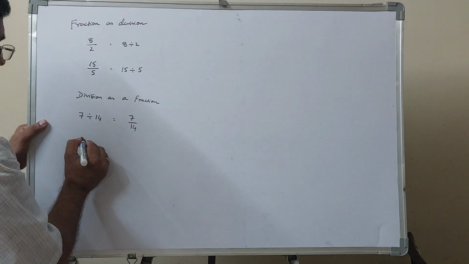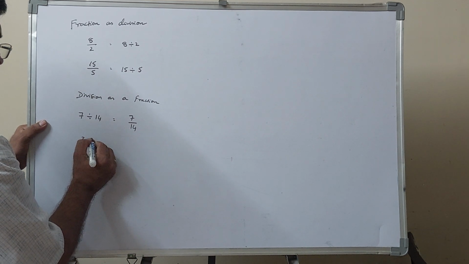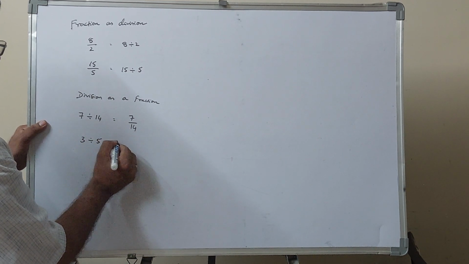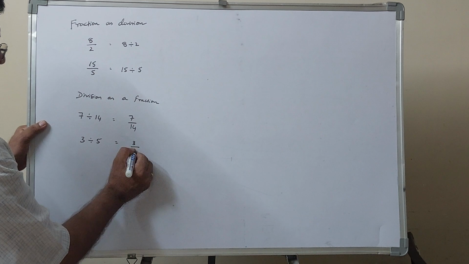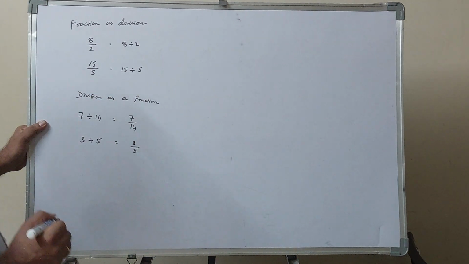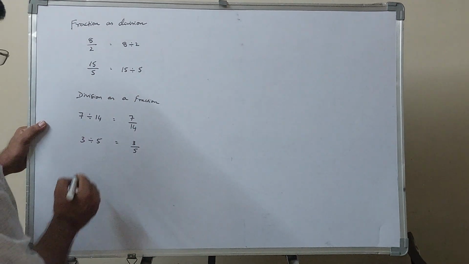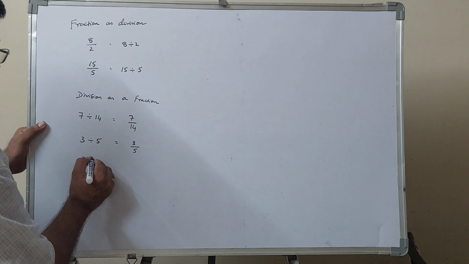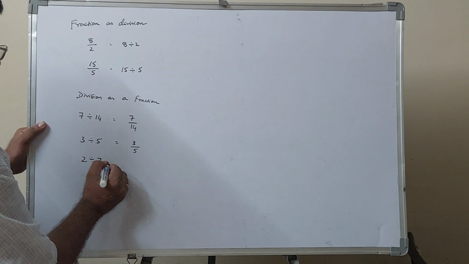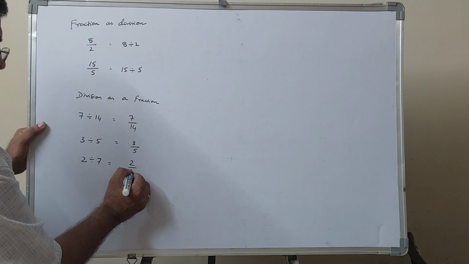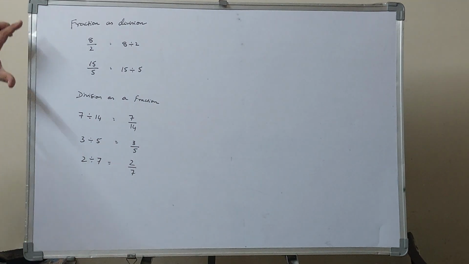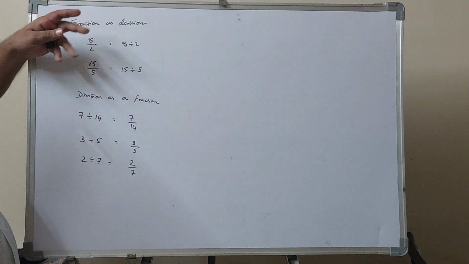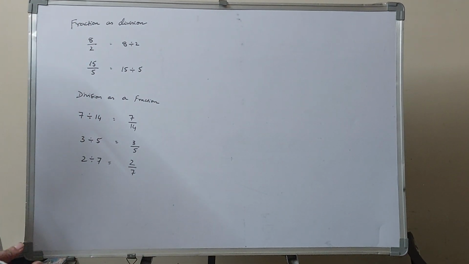If I ask you 3 divided by 5, you can write it as 3 by 5. If I ask you to write 2 divided by 7, it is 2 by 7. So this is the way of representing fraction as a division and division as a fraction.